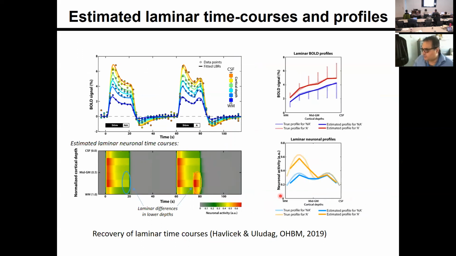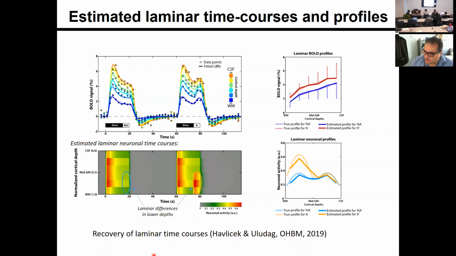To show the profiles, the original profile was like this in the lightly shadowed, and the recovered one is here, which actually resembles it quite well. So this was more described in the OHBM abstract, and we are preparing a publication on this.